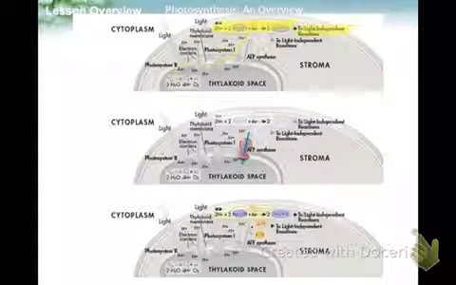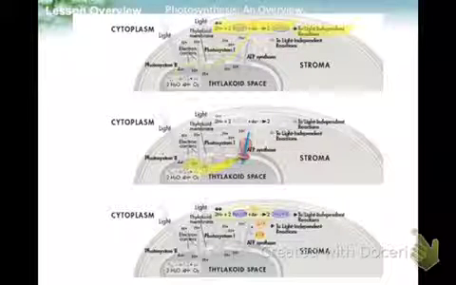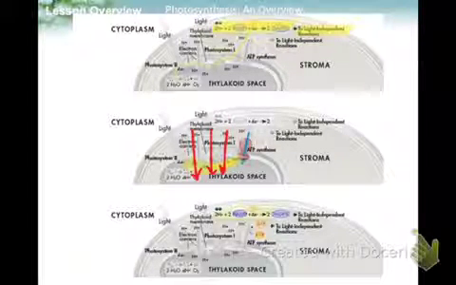The other thing that's going on here is the electrons go over to the light-independent reactions to help fuel that process. And then we have all these hydrogen ions that have been created from water being split. They're being pumped through the thylakoid membrane into the thylakoid space.